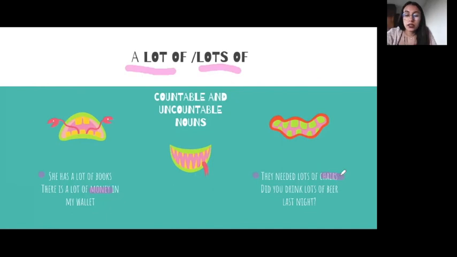Did you drink lots of beer last night? Here I have one example of an interrogative sentence. Acá tengo un ejemplo de una pregunta. Entonces pasa lo mismo que con much and many. No es que no se puedan utilizar en oraciones afirmativas, sí se puede. Pasa lo mismo entonces acá con lots of.